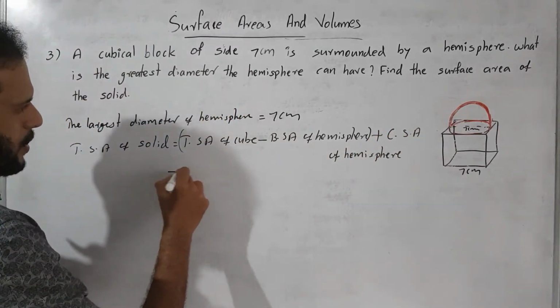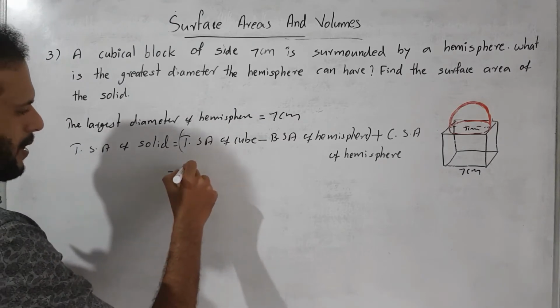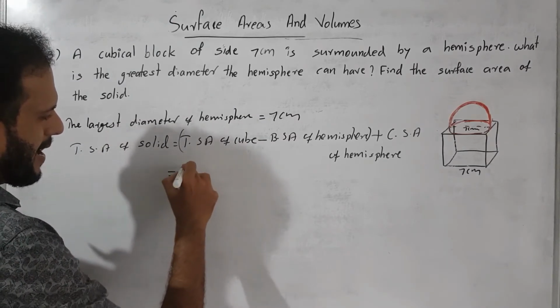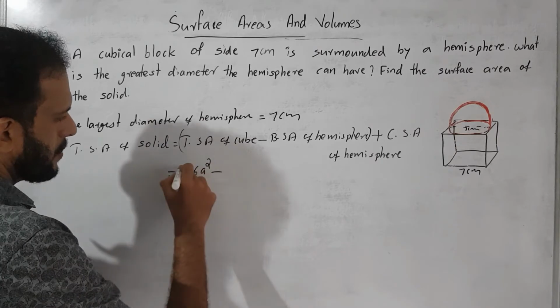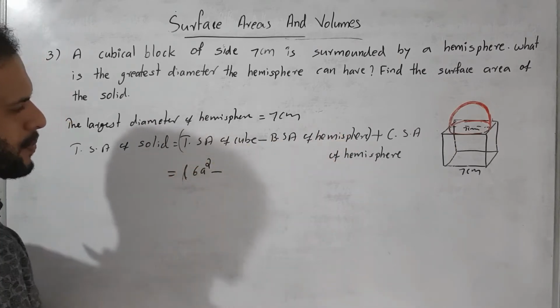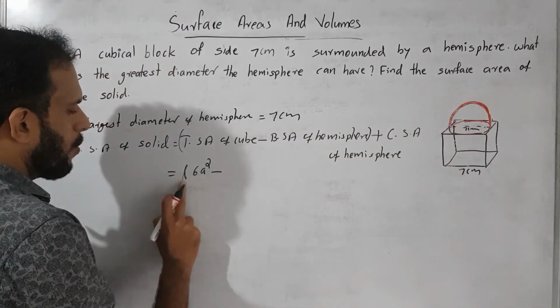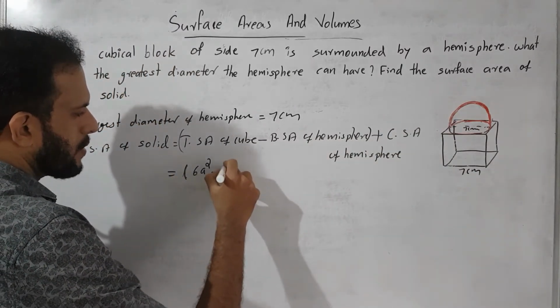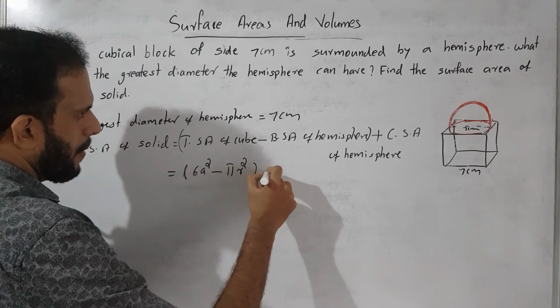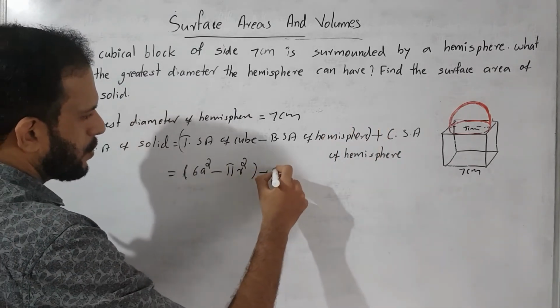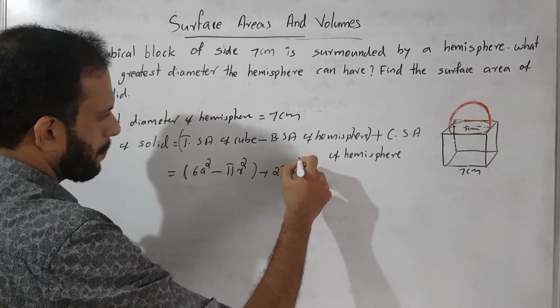Okay, then TSA of cube is very clear. The equation is 6a square minus the BSA of hemisphere. What is the shape of the base? It is a circle, so BSA of hemisphere is pi r square, plus CSA of hemisphere is 2 pi r square.